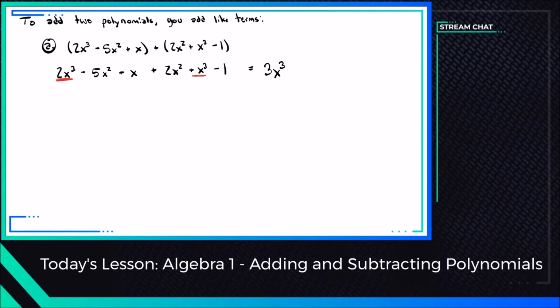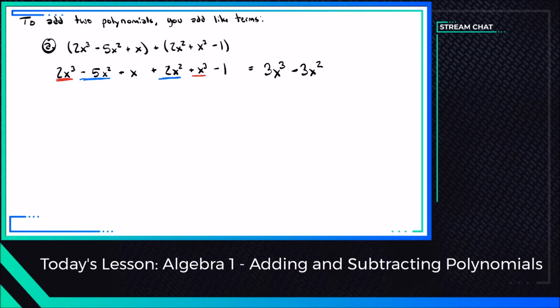All right, next I'm going to look through for x squareds, and there's another x squared right here with 2x squared. And now we need to take a negative 5 plus 2, and negative 5 plus 2 is a negative 3x squared.